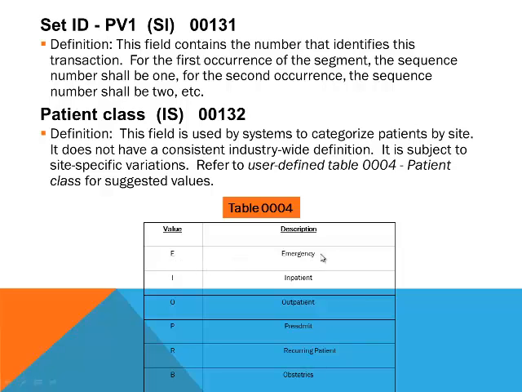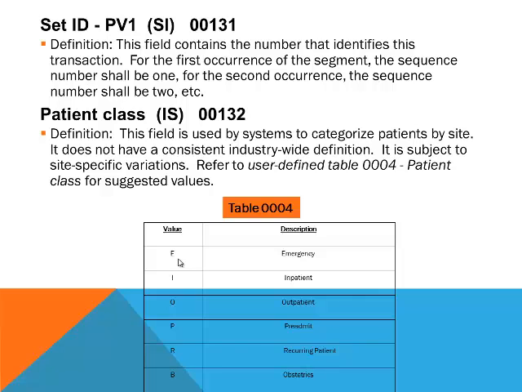E means emergency, that means the patient belongs to emergency. I means inpatient. O means outpatient, P means pre-admit, and R means recurring patient. B means obstetrics. These values are very important because they tell the system whether it's emergency or not, whether this is an inpatient or outpatient.